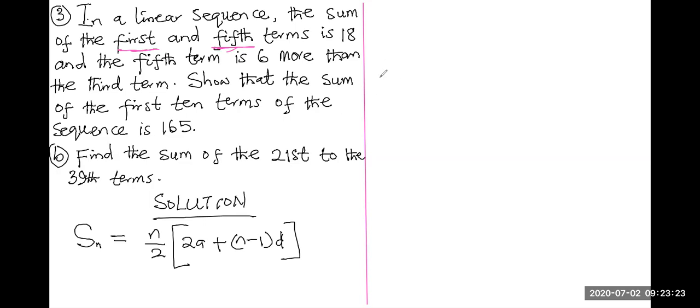It's 18. That means the first term is a, plus the fifth term, which is a plus 4d. When you add the first and the fifth term, you have 18.